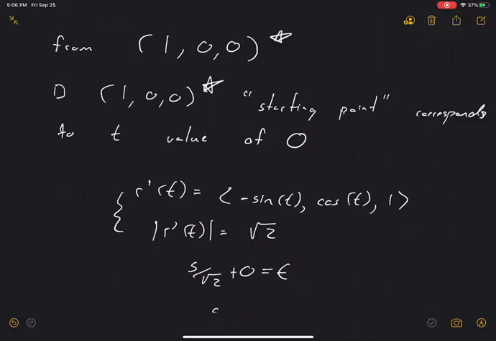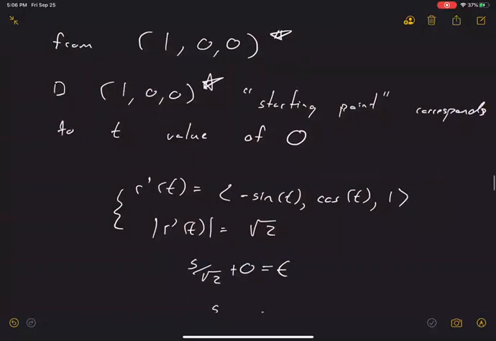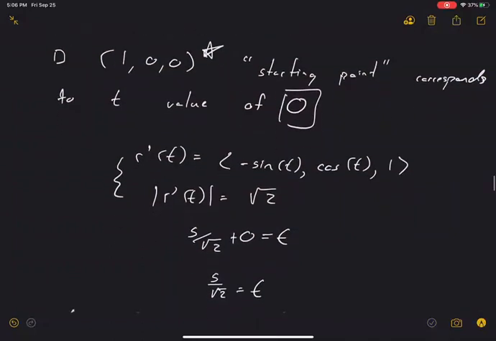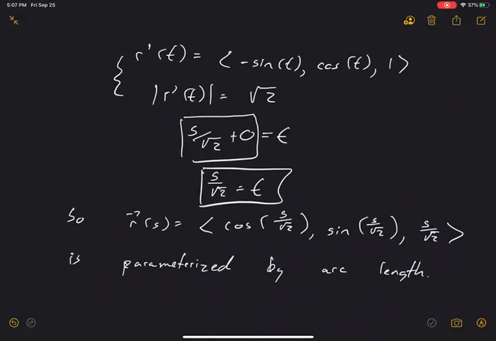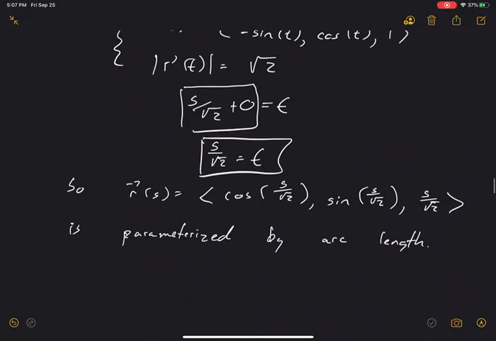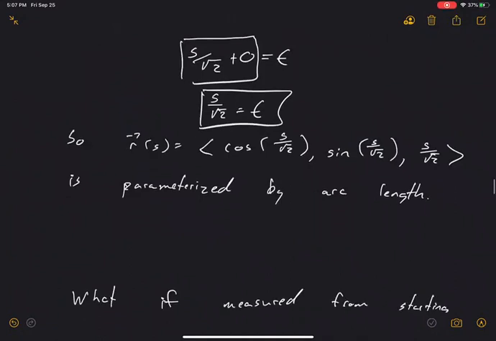We know the magnitude of r prime of t is square root of 2, and we know the t value of our starting point is 0. So s over square root of 2 plus 0 should be equal to t. So if I replace t with s over square root of 2, that should give me my arc length parameter. And that will in fact be the case.